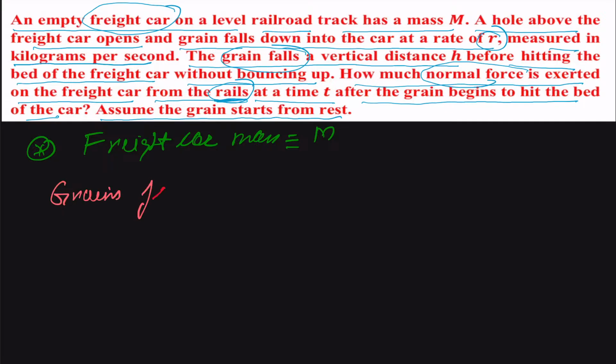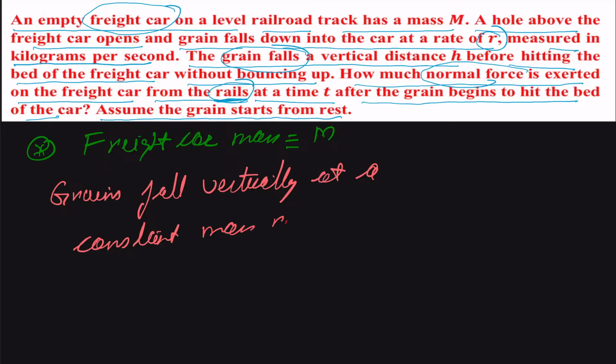Grains fall vertically at a constant mass rate, and that mass rate is represented as our R, which is nothing but dm by dt.